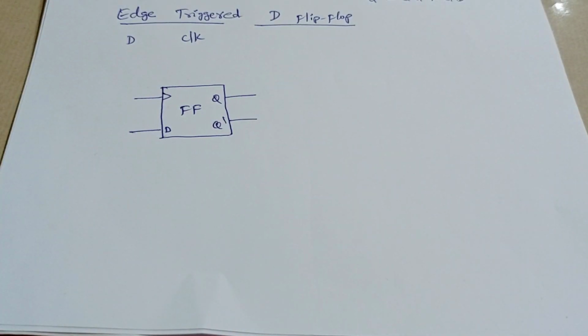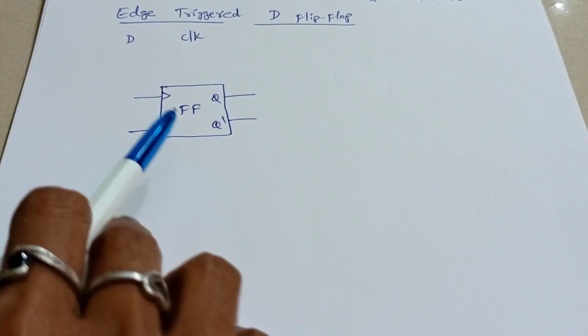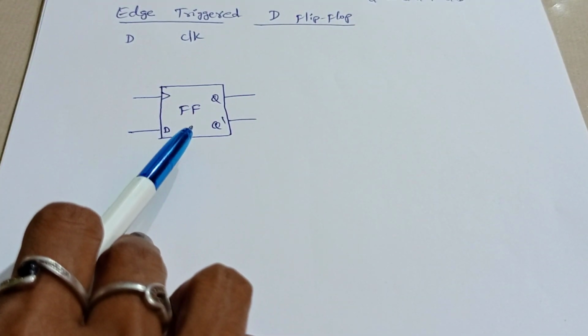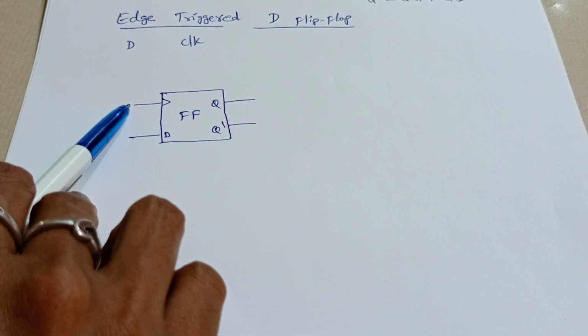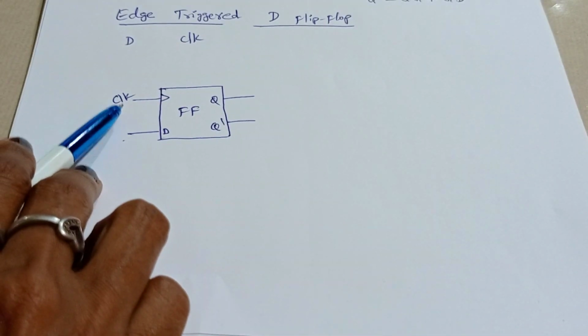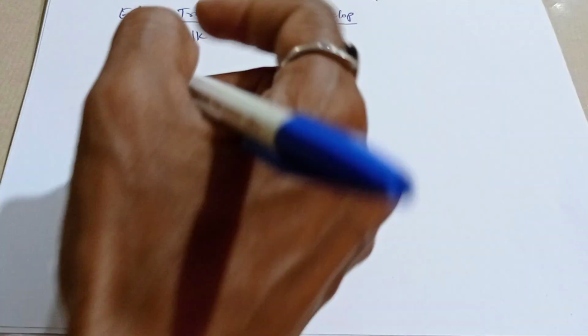This symbol indicates the clock input. Unlike the D latch, the flip flop output changes only in response to the clock, not on the change in D. When we apply the clock, then we'll get the output, not depending on the D input.